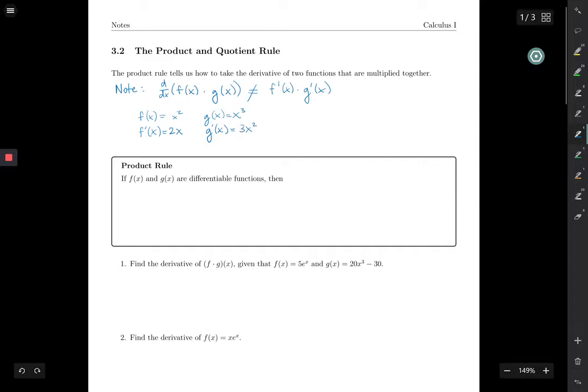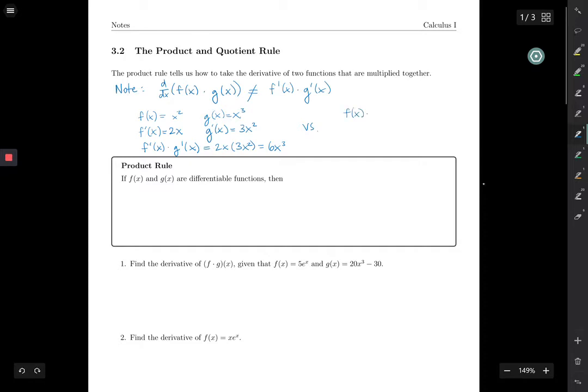Now, if we multiply those two things together, f prime of x times g prime of x, we get 2x times 3x squared, which would simplify to 6x cubed. Great. So that's on the one hand, and then we're going to compare this to taking f times g.